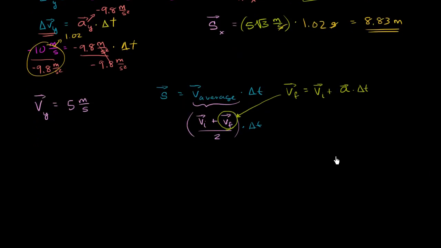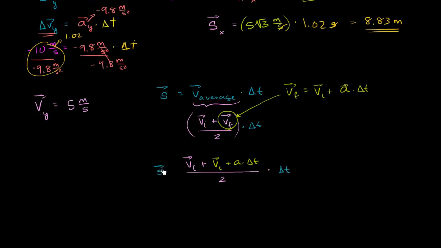And what do we get? Our average velocity is our initial velocity plus our final velocity, and the final velocity is this over here. So it's our initial velocity plus the acceleration times the amount of time that passes by, all of that divided by 2. And all of this is multiplied by the amount of time that passes by.